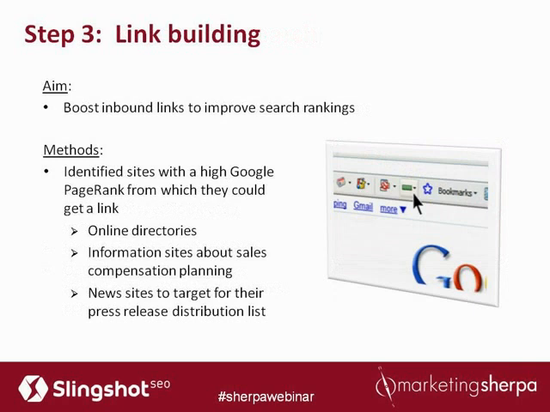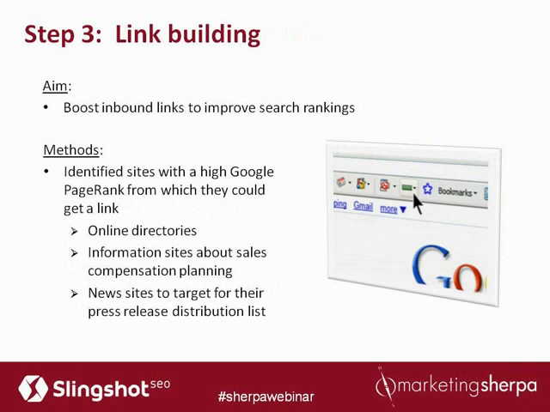Now while optimizing their own site pages, the team also looked for opportunities to add inbound links from highly ranked external sites. These additional links would in turn boost their own site's relevance for search engines. First, they used their marketing optimization and content management platform to analyze inbound links of their major competitors.